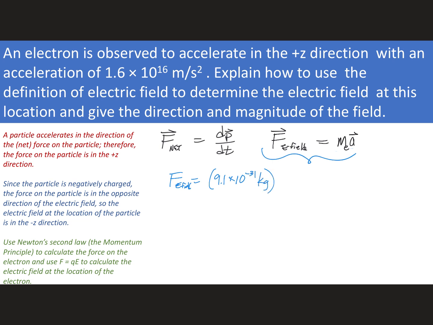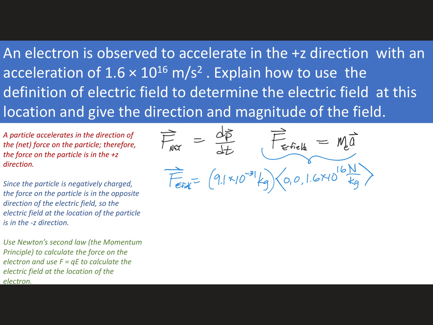And that acceleration that we were given, we were in the z direction, so we should write it this way. I'm actually going to change it to newtons per kilogram because those are the same thing. Newtons per kilogram and meters per second squared are the same thing.